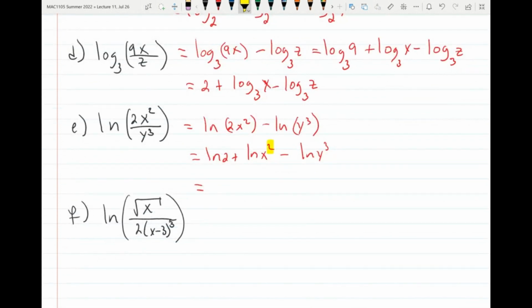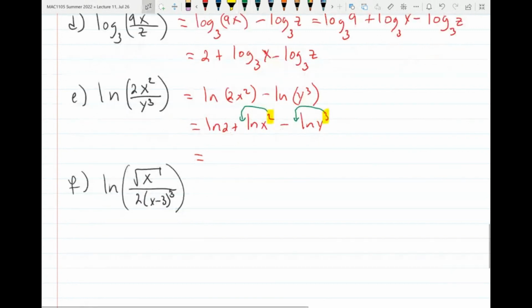Very good. So now at this point, we see these exponents. Remember the property that allows you to bring exponents down. Whenever this happens, you can bring the exponents down. That's property number 7. So we'll get ln of 2 plus 2 ln of x minus 3 ln of y. Good.